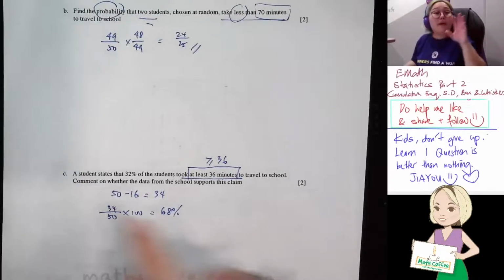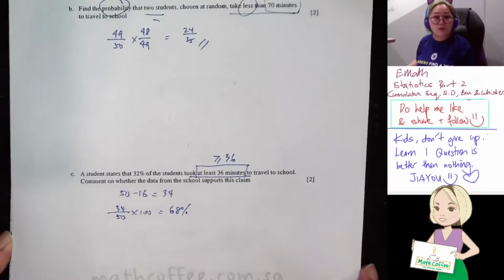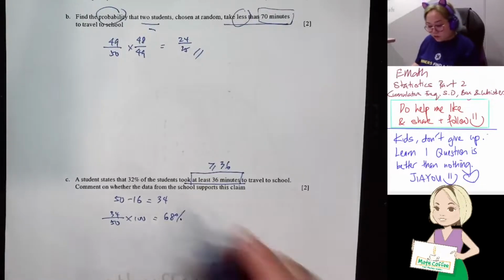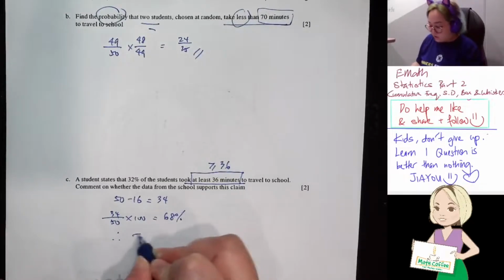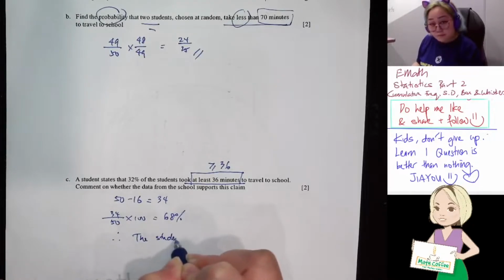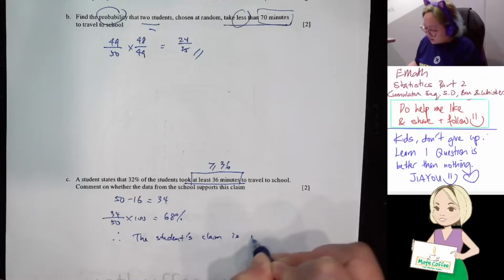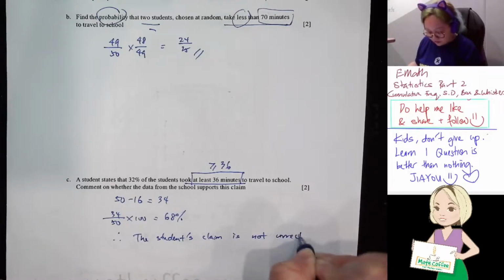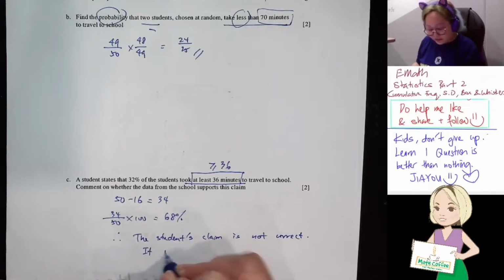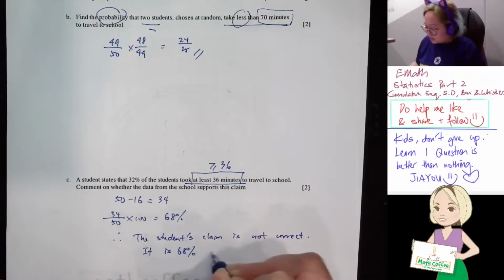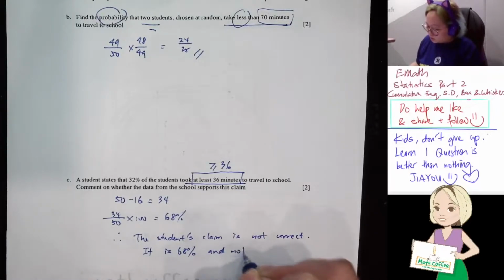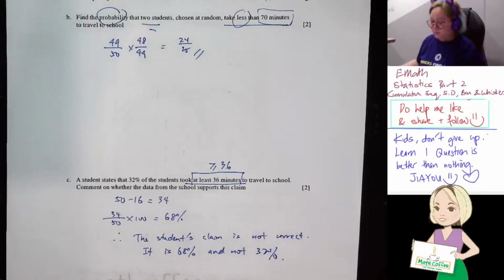So they say comment whether the school supports this claim. Understand? So you will say, therefore the student's claim is not correct. It is 68% and not 32%. Okay?